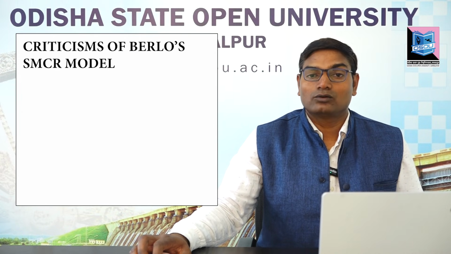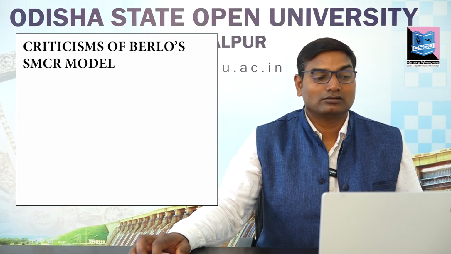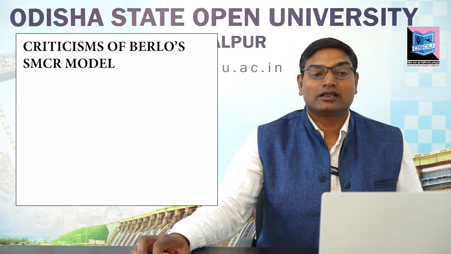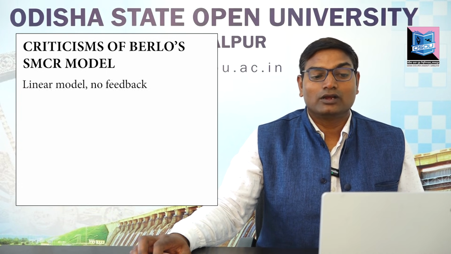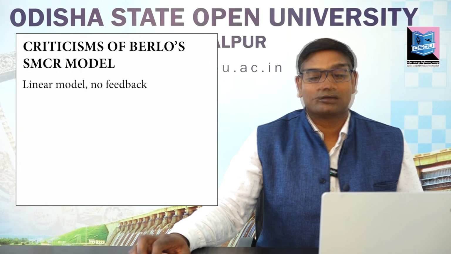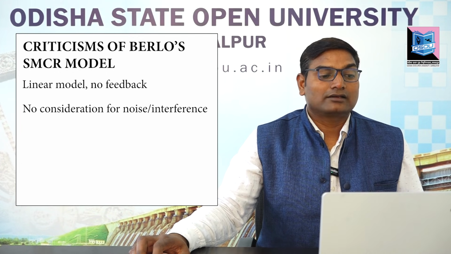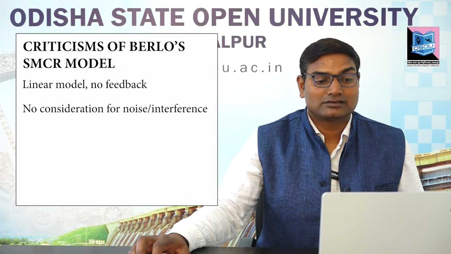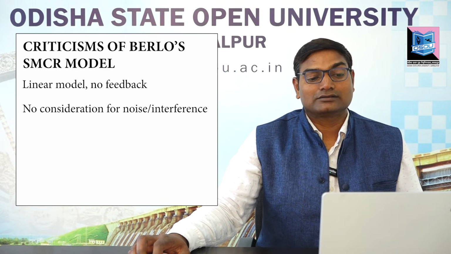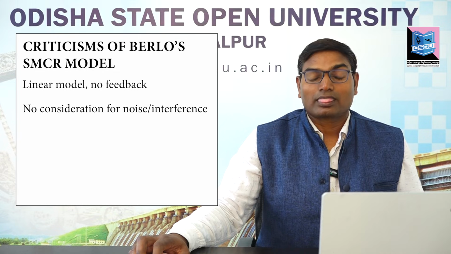Criticism of Berlo's SMCR model. Berlo's model is often criticized for being too linear and lacking a feedback loop. It does not consider noise or interference that might disrupt communication.